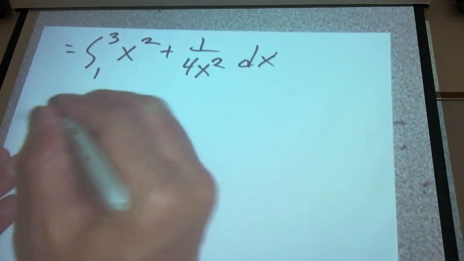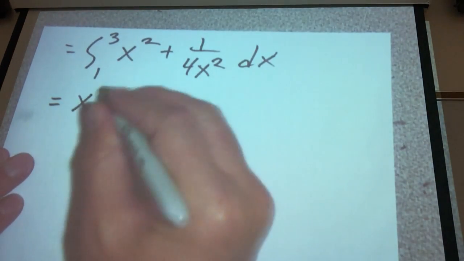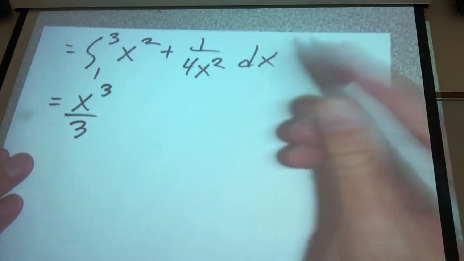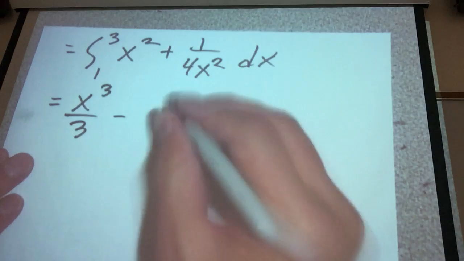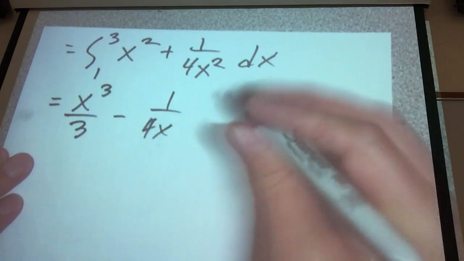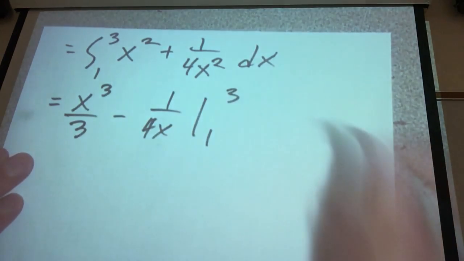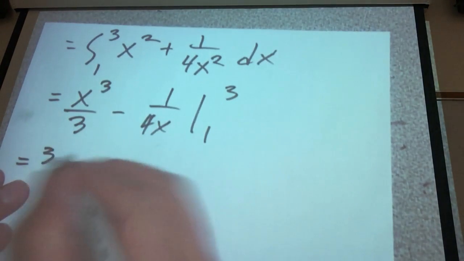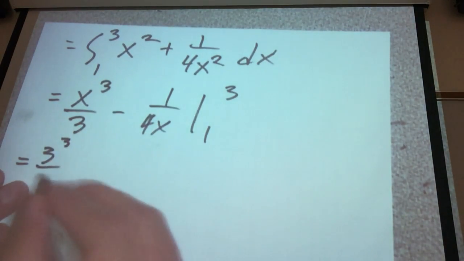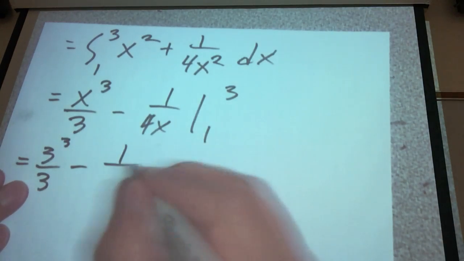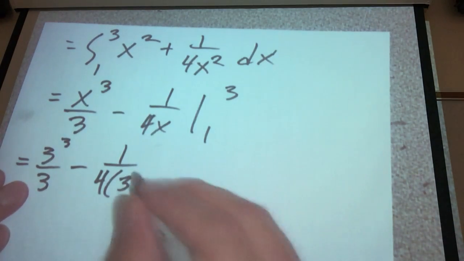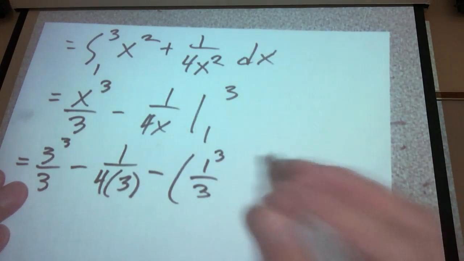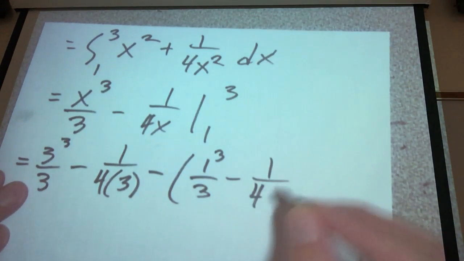Okay? And that's going to become x cubed divided by 3. And this is at negative 2, so it's going to go up to negative 1 and divide by that. So that's minus 1 divided by 4x. Evaluated at 1 and at 3, which equals 3 cubed divided by 3 minus 1 divided by 4 times 3, and then minus, that would become 1 cubed divided by 3, and minus 1 divided by 4 times 1.